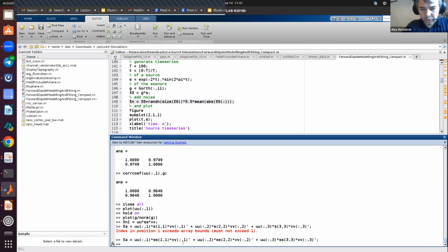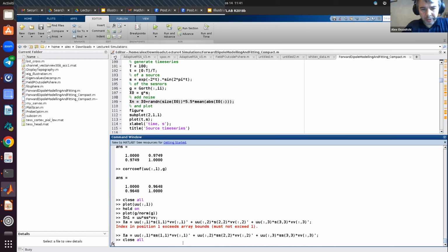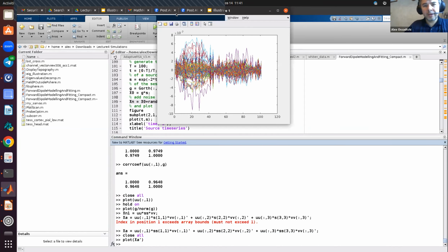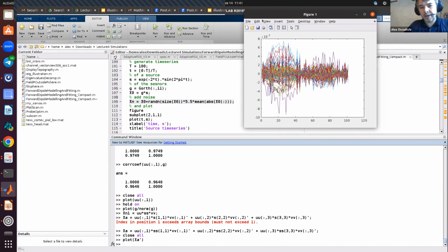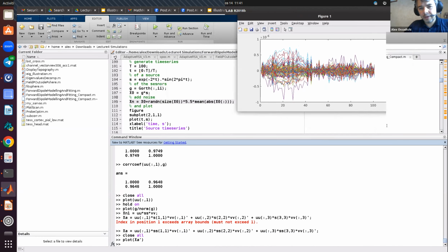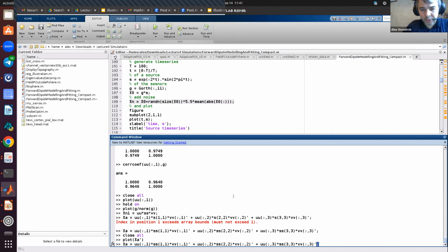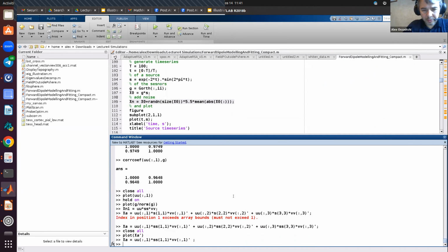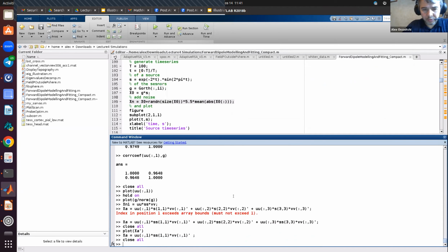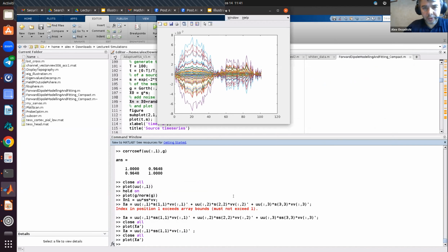Okay, so let's close all and plot XA prime. Okay, this is my XA prime. And let's try to represent XA prime using only the first element of the SVD. Okay, again, close all, plot XA prime. I have something like this.